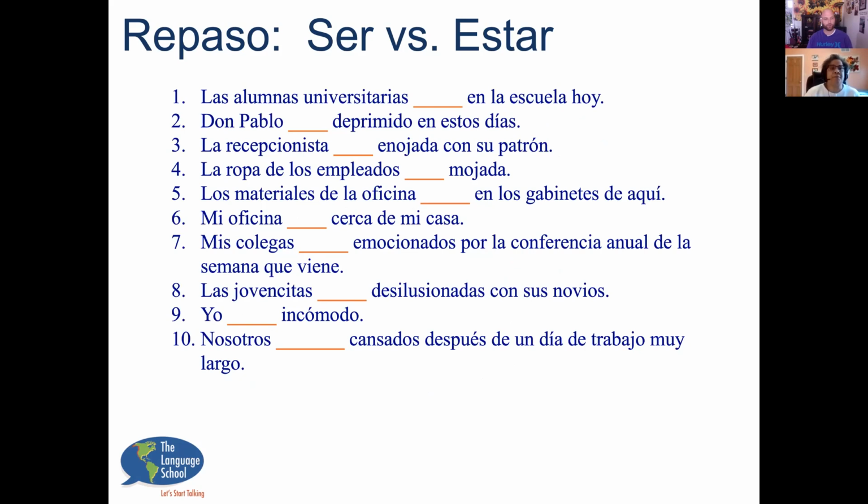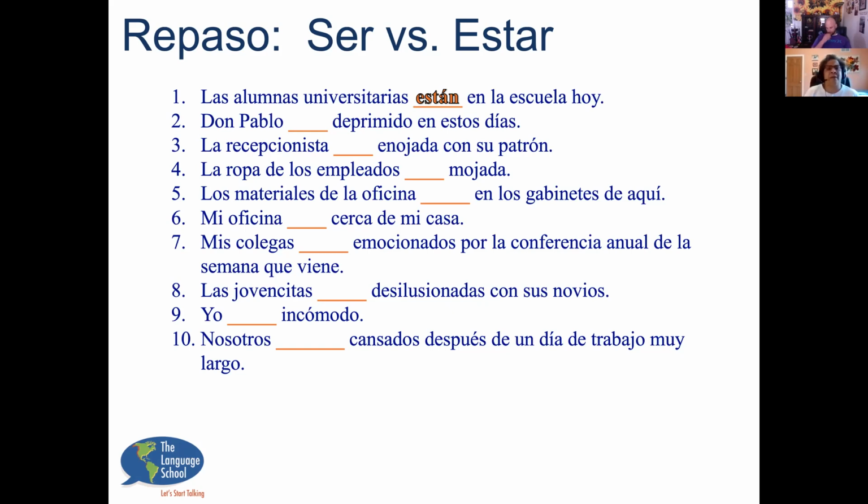All right, we got another round of these. Okay. Y los alumnos universitarios están en la escuela hoy. Don Pablo, let's see, deprimido, is that depressed? It is. Muy bien.